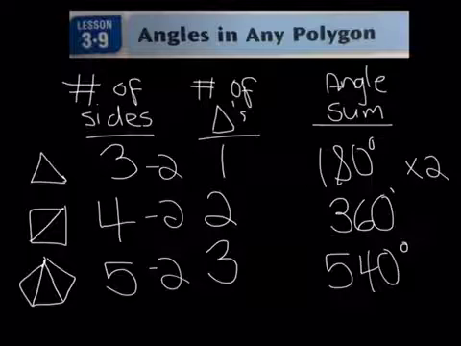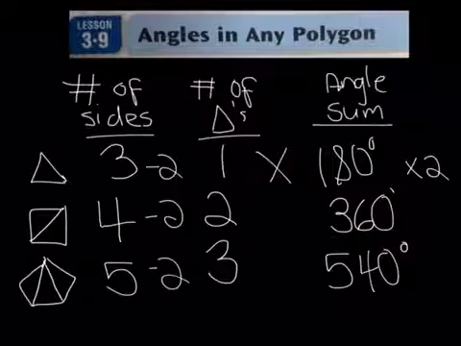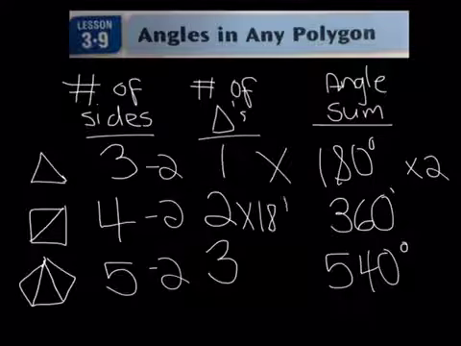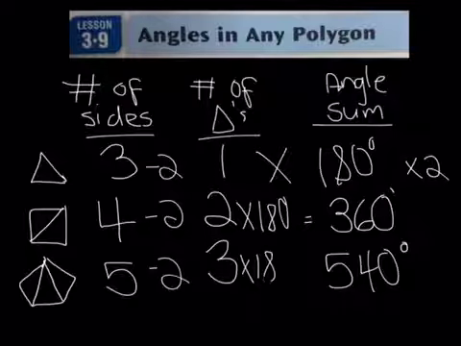Count the sides of any of your polygons, subtract 2, and you'll get the number of triangles. Then the number of triangles, simply multiply it by 180. Okay? This would be 2 times 180 equals 360. 3 times 180 equals 540.